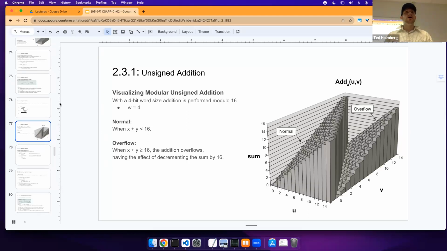That means we produce a normal, non-overflow result when our X bit vector and our Y bit vector resolve to a value that's less than 16. So anywhere between 0 and 15, we're good. And then when we eclipse 16 or go higher, notice when we visualize, we drop back down into the same encoding space here and start building back up. So the highest value along my sum axis is going to be scoped the same as what I have on my U and my V axis.